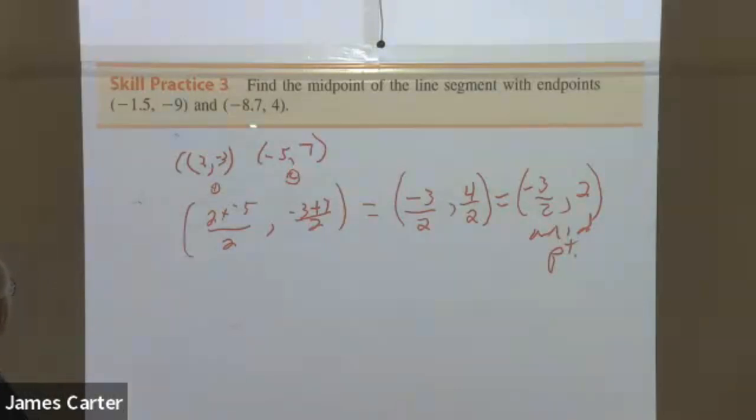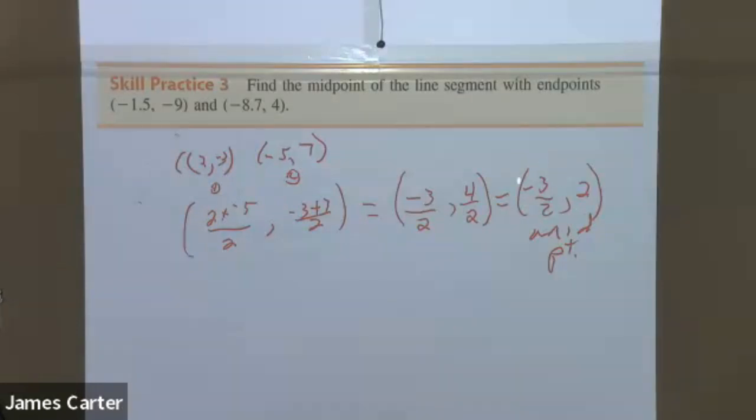Okay, here's one more. In this case, here's our 2 points. I numbered them 1 and 2 that way. I averaged the 2 x values and the 2 y values. I simplified them. Okay.